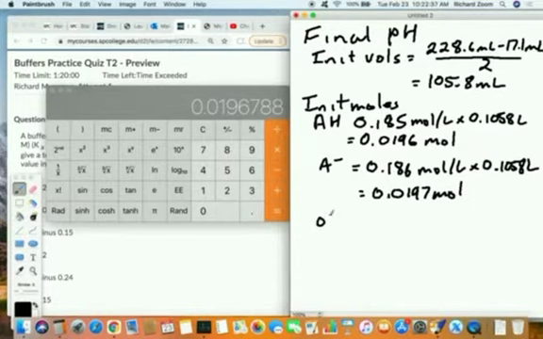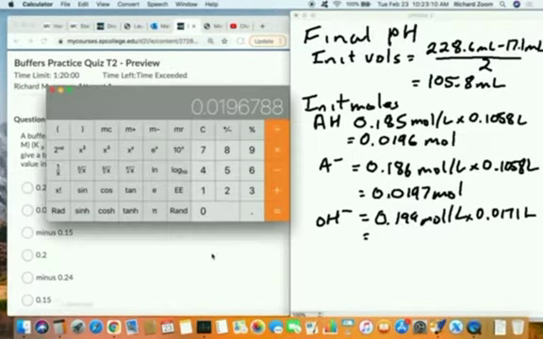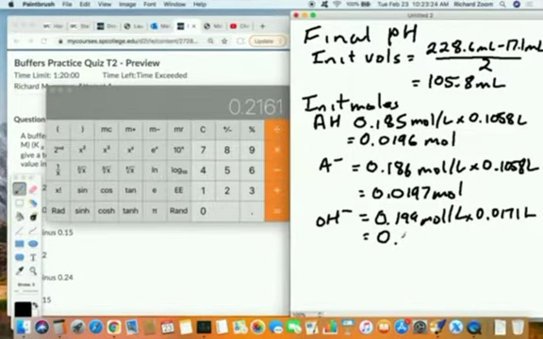Now we need to find the moles of OH minus added as well, and that's going to be 0.199 moles per litre times 0.0171 litres, which comes out to be 0.2161 or 0.216.